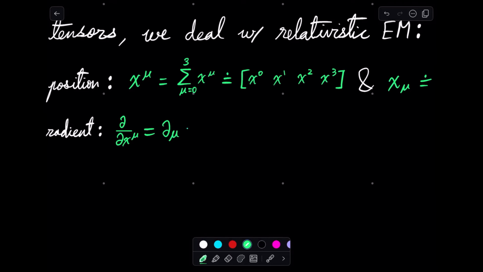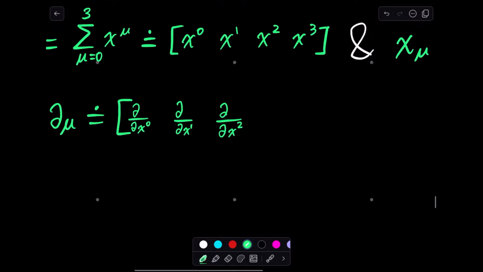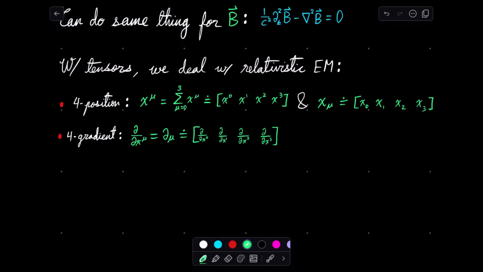And it's represented by the partial derivative of x superscript 0, partial derivative with respect to x1, partial derivative with respect to x2, partial derivative with respect to x3. So you end up with this four gradient.